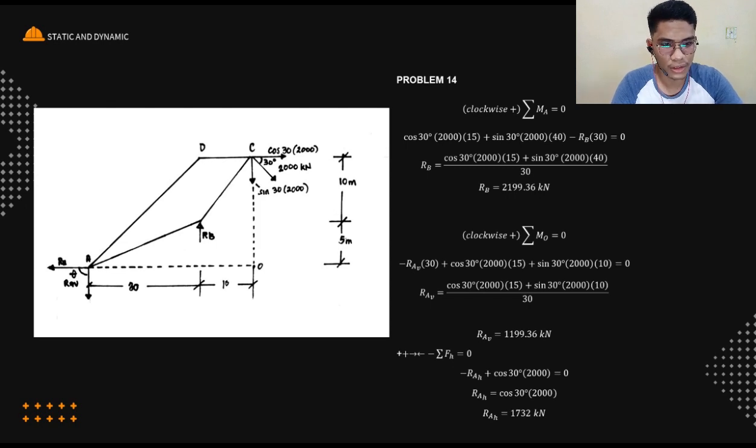So, is equals to 0. So, RAV is equals to cosine 30 degrees multiplied by 2,000 multiplied by 15 plus sine 30 degrees multiplied by 2,000 multiplied by 10 over 30. So, our RAV is 1,199.36 kilonewton.